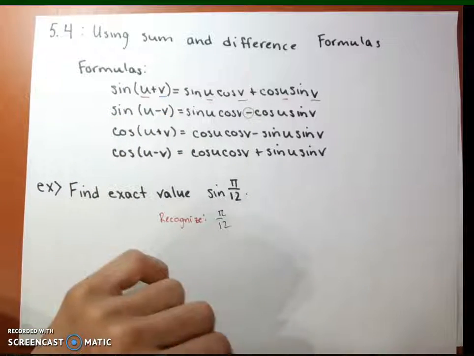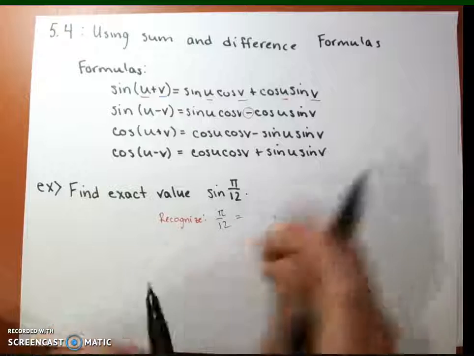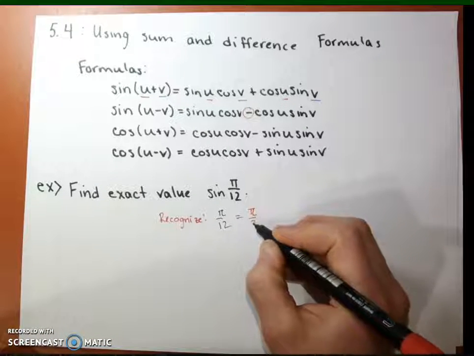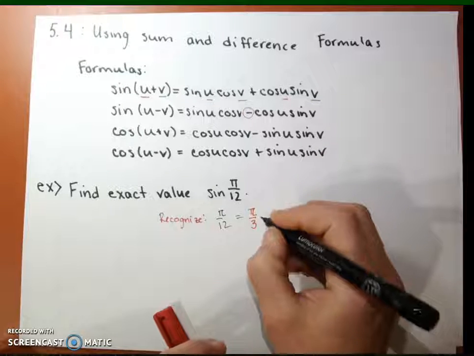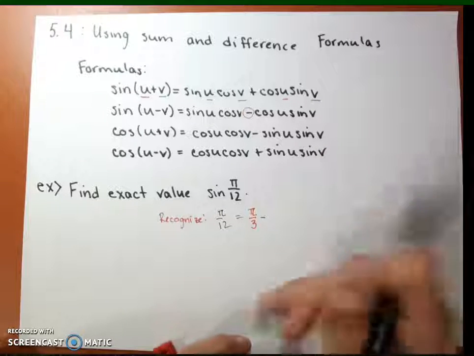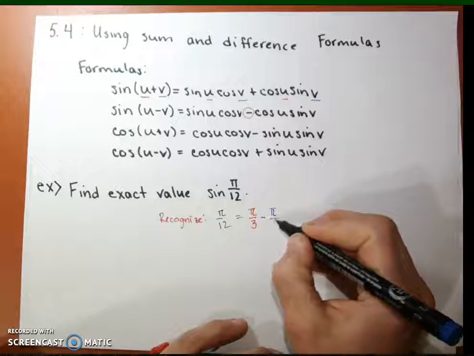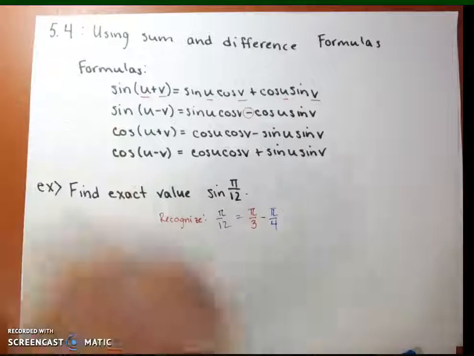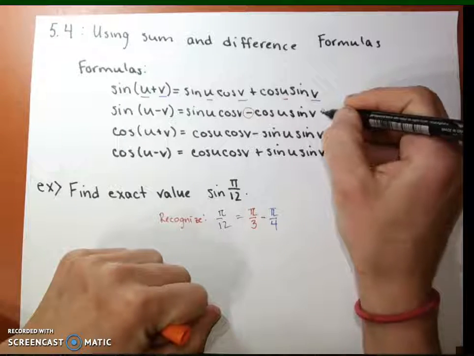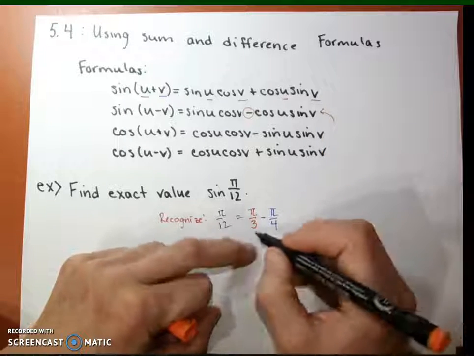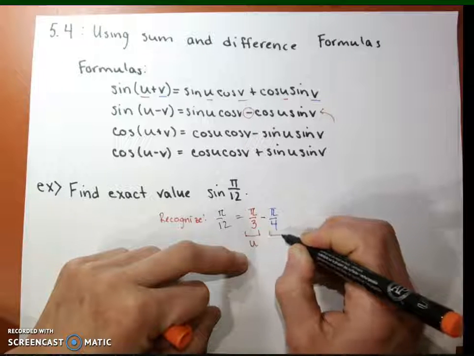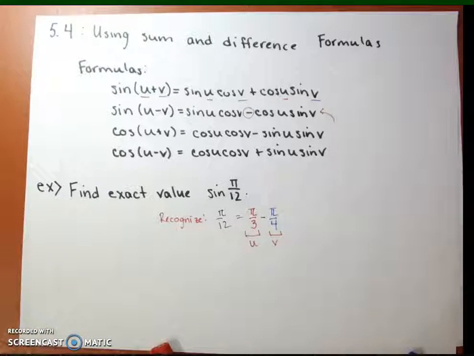So pi over 12 actually equals pi over 3 minus pi over 4. So we're going to be using this difference of angle formula where the U is pi over 3 and the V is pi over 4.